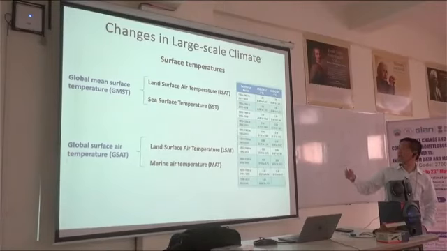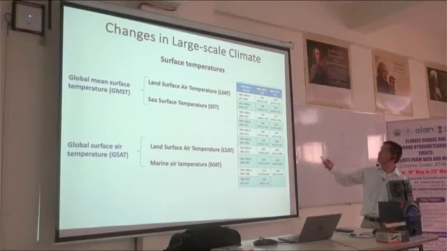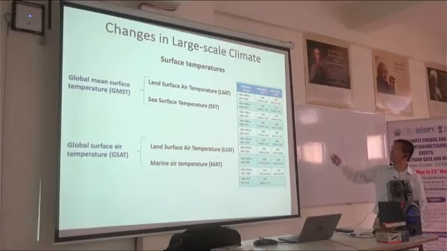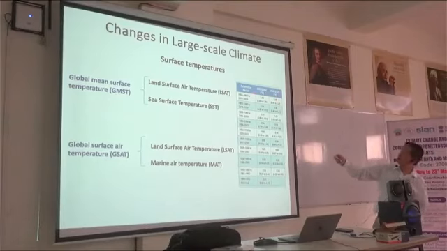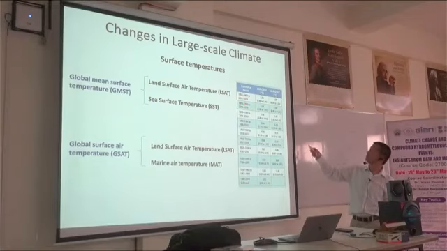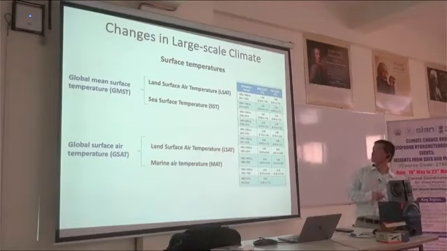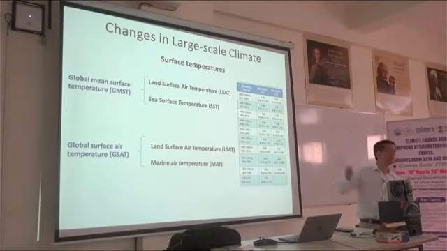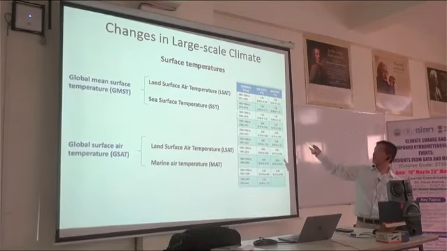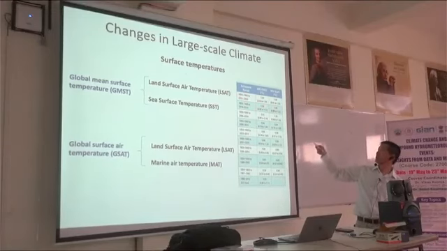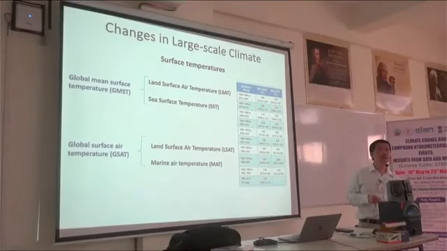when we think about the trend, regardless of whether you use GMST or GSAT, when you compare the change between different periods, what kind of conclusion can you get here? I'm talking about this table. We are talking about different periods. You compare these 2 periods or these 2 periods, and then how temperature has been changing based on different data sets.